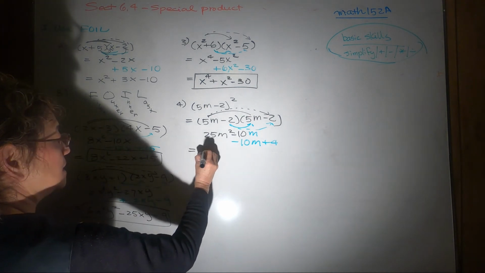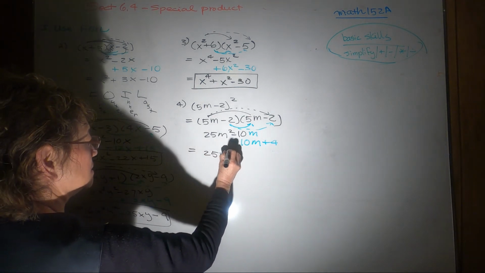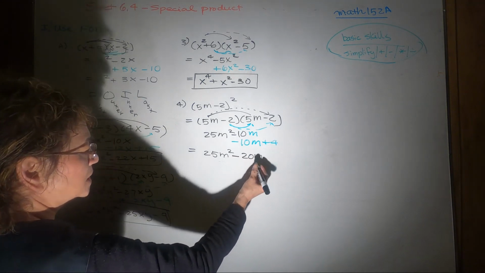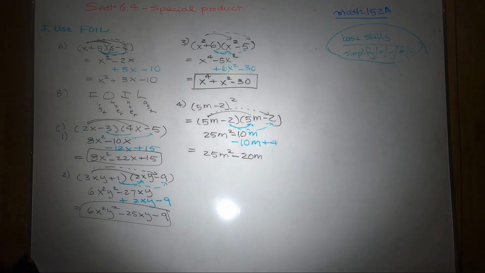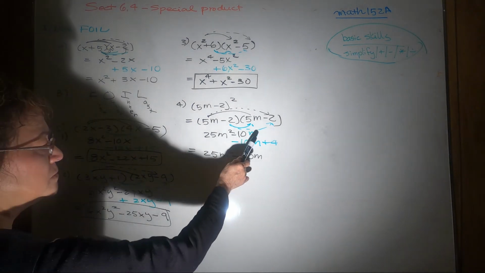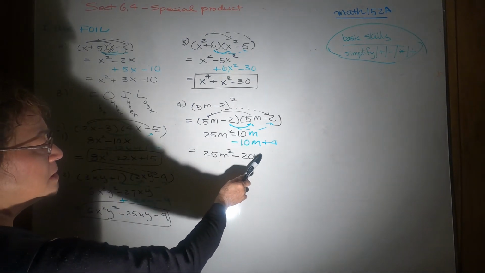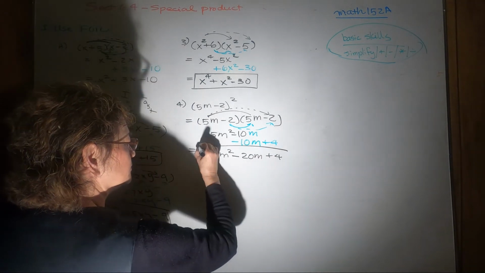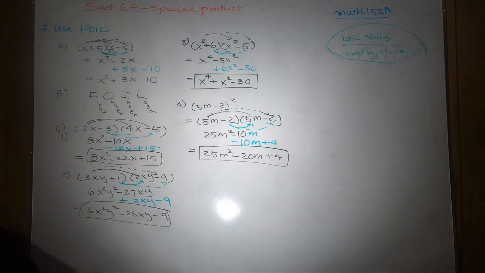Then we combine like terms, that would be minus 20m. Don't write the m squared with it. Same term, like terms, then you keep the term. Okay, you do have to have hands-on so you can identify your mistakes. Otherwise, you wouldn't know.